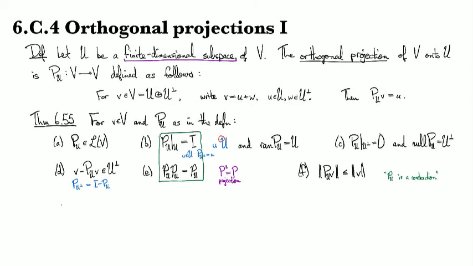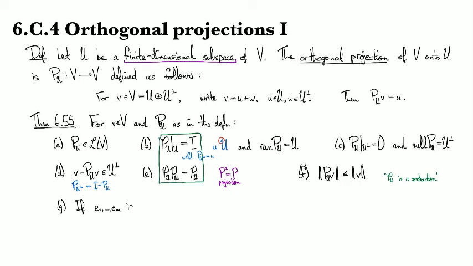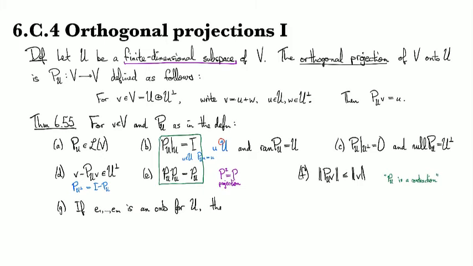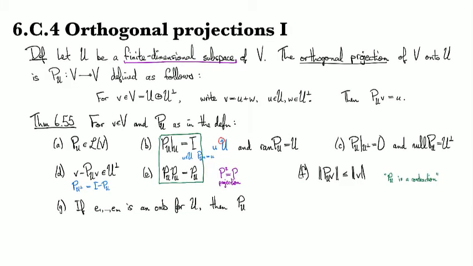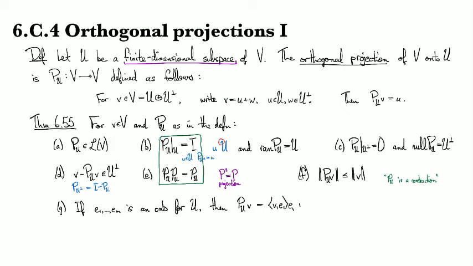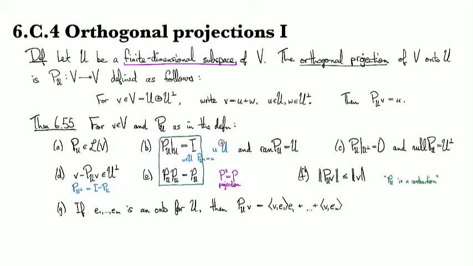And then our last result is that if we have an orthonormal basis e1 through em for the subspace U, then the projection onto U of v is the inner product of v with e1 times e1, summed up through the inner product of v with em times em.